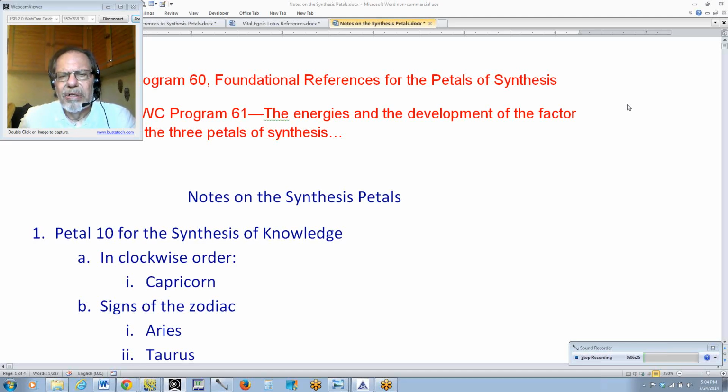The synthesis of knowledge about which we are speaking here is the synthesis of accumulated knowledge, and it's not so much knowledge that may be conferred while working within the spiritual triad, maybe to a certain degree, but not as high as what a master of the wisdom would know about the divine plans and the plans of the planetary logos, and that type of knowledge being registered on the third subplane of the mental plane.